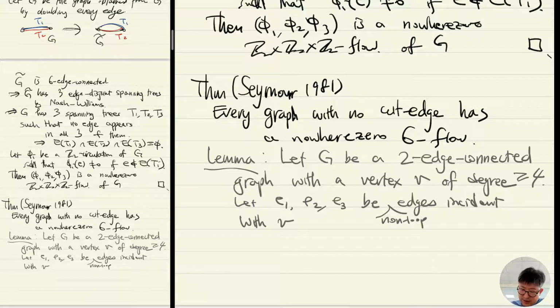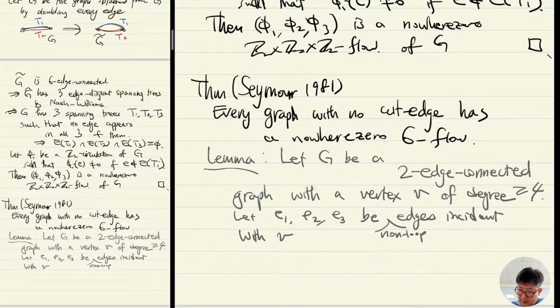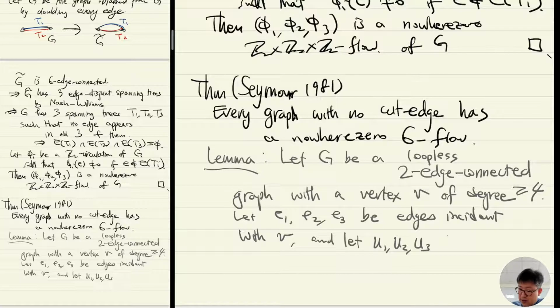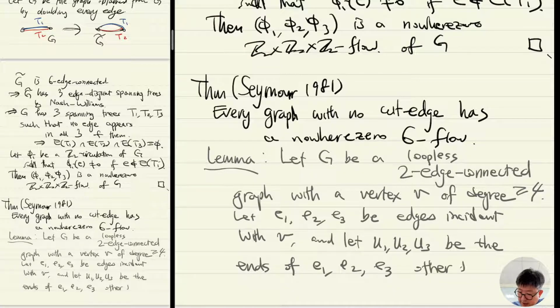Let's focus on loopless graphs, that will be simpler. For nowhere-zero flows, I don't care about loops because whenever I have a loop, I can delete it and apply induction. And let u1, u2, u3 be the ends of e1, e2, e3 other than v respectively.